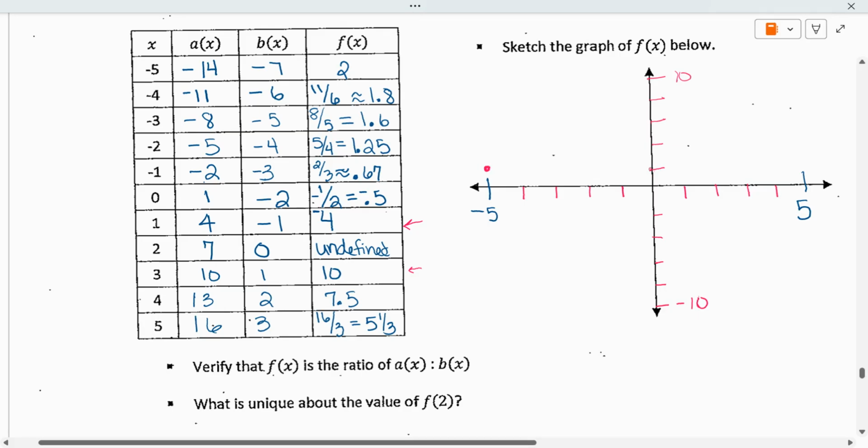That's right here, because remember I'm counting by 2's. When x is negative 4, my output is 1.8. So it's decreasing a little bit. When x is negative 3, my output is 1.6. When x is negative 2, my output is 1.25. When x is negative 1, my output is 0.65. And when x is 0, my output is negative 1/2.